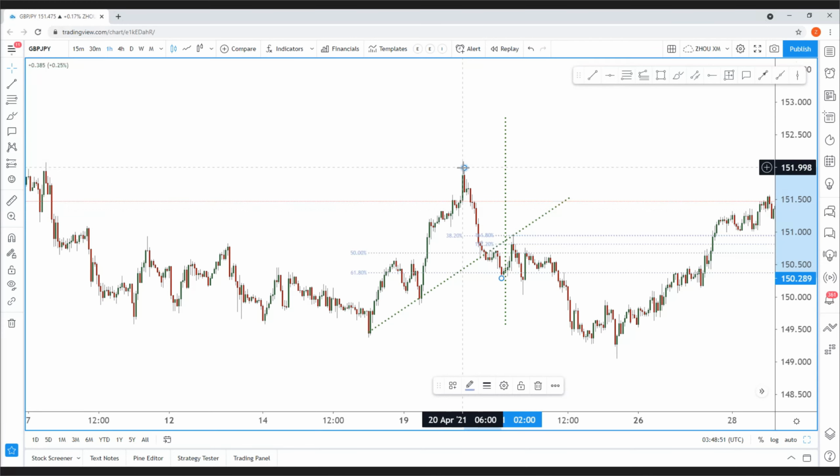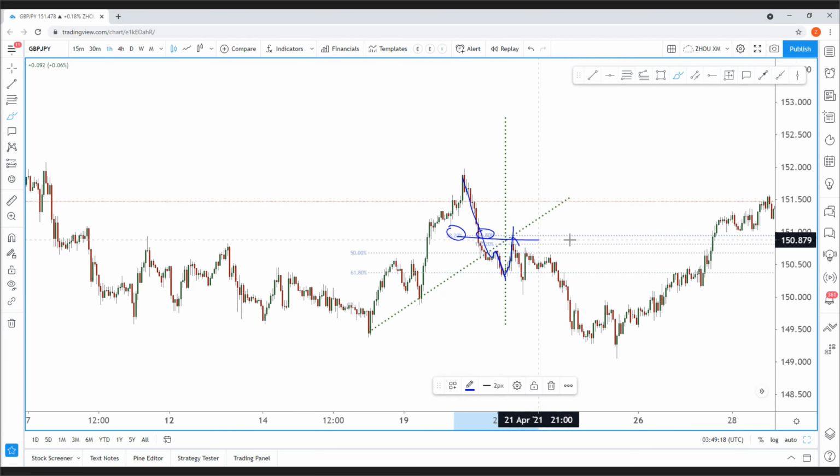The 38.2% level is from this entire move, from this high to this low, with this small move, the previous move, right? Before this move happened. So I'm actually breaking this entire move down into two different moves, right? I can take this as one whole move, as well as one whole move before I look at this move right here. And you realize that the 38.2% level and the 161.8% level line up perfectly, right?